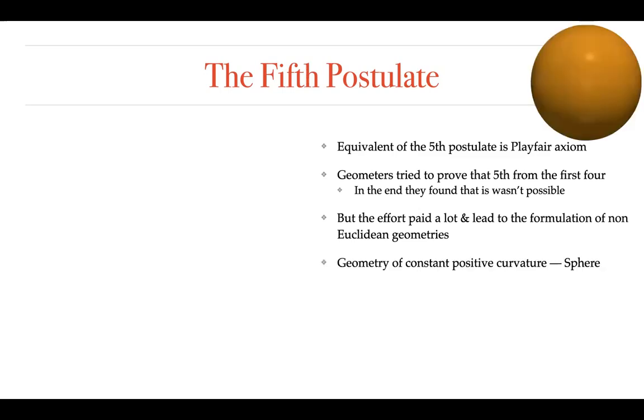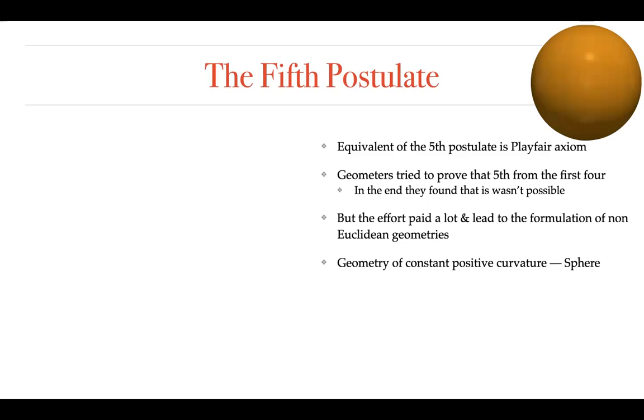One example of non-Euclidean geometry is a geometry of constant positive curvature. Of course I have not defined curvature, but curvature can be intuitively taken as departure from Euclideanness, if I can say that, because in Euclidean geometry the sum of the three angles of a triangle is always 180.